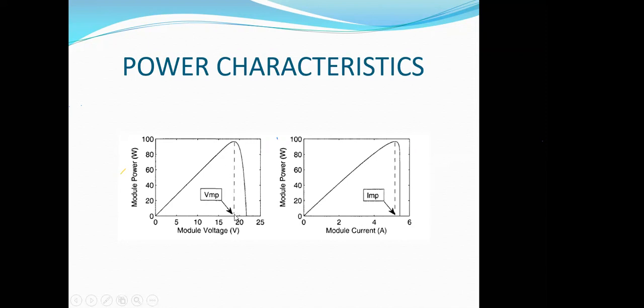That voltage we measure as VMP, voltage at maximum power. Similarly, in this graph, you can see this is the point of maximum power, and at that point we are having the current IMP, current at maximum power point. So these two points, VMP and IMP, are of much importance for researchers who want to track the maximum power. VMP and IMP are taken as reference points.